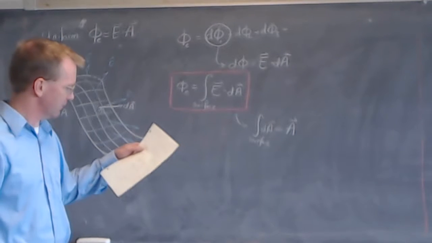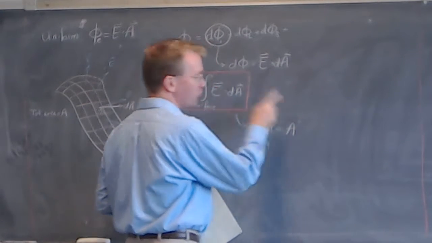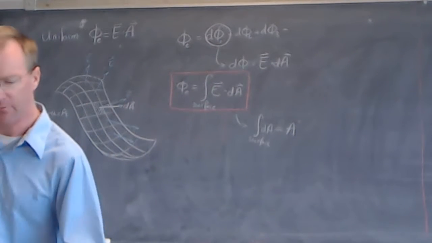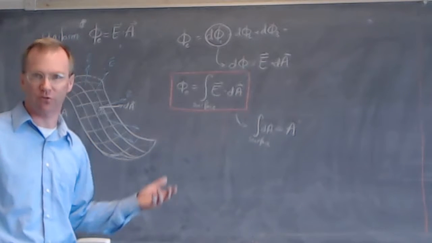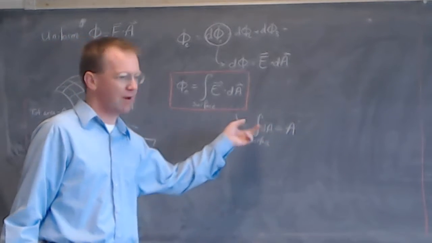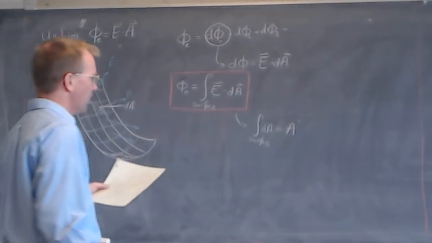And of course, well, the direction there. I'm going to remove the vector symbol because if it's a curved surface, which way does A point? Well, it doesn't really, does it? But this is true even, maybe especially, without having that vector symbol.